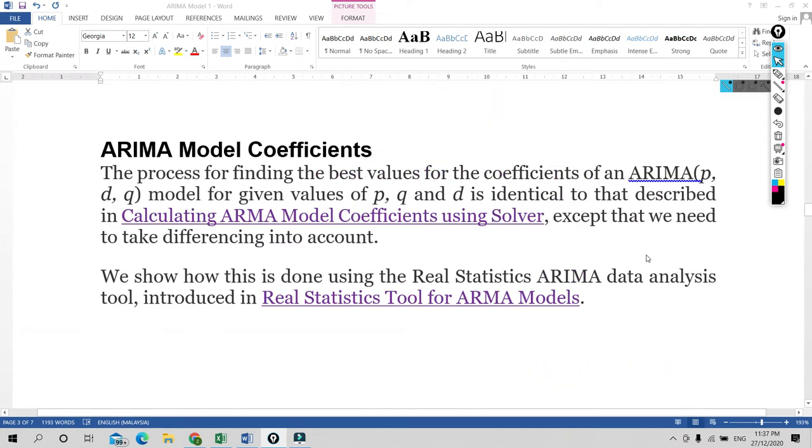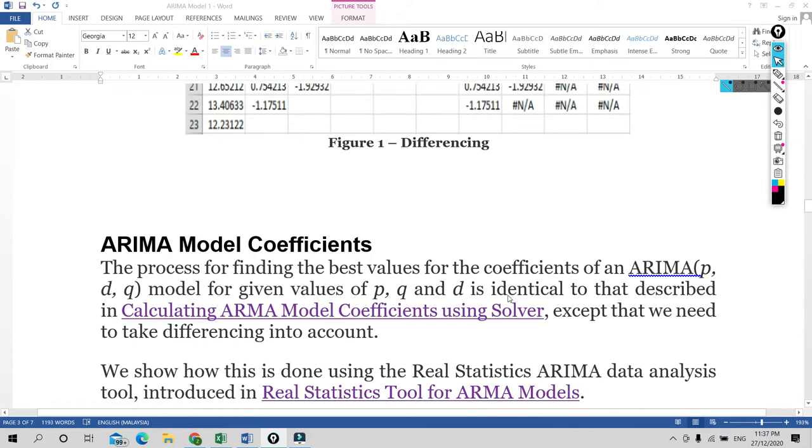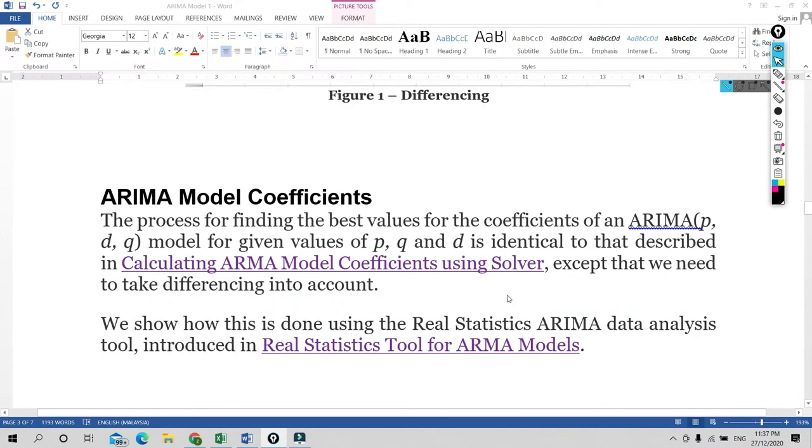Now, I want to show you how to find the ARIMA model.